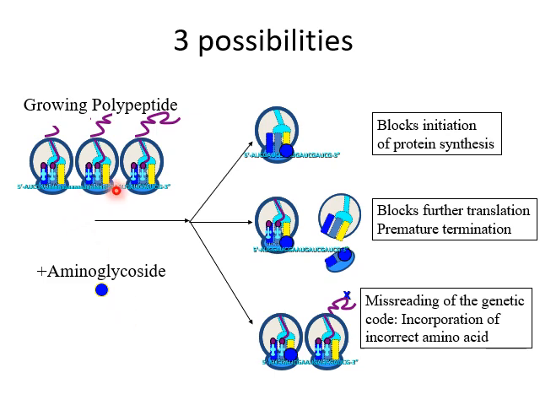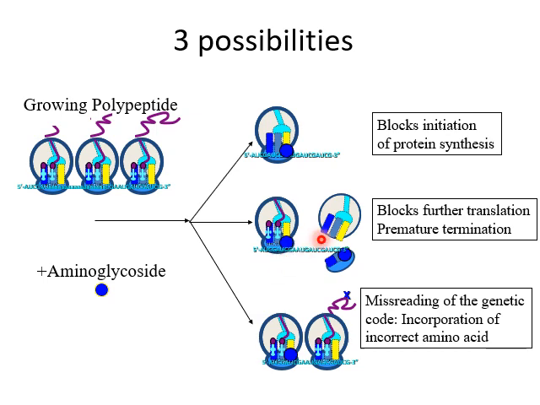We have a growing polypeptide, you add the aminoglycoside, it binds to the 16S, here and here and here in the small ribosomal subunit. What could happen if this starts in the beginning before we even have a growing polypeptide? Well, this can block the initiation of protein synthesis, so we have no protein at all. Now, if we already have a growing polypeptide, it can block further translation.